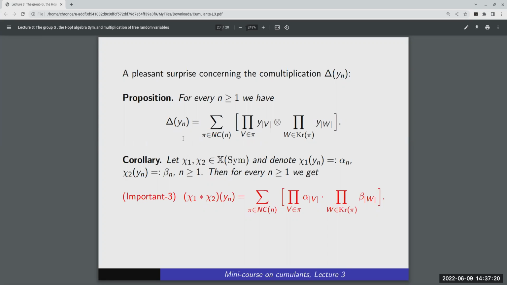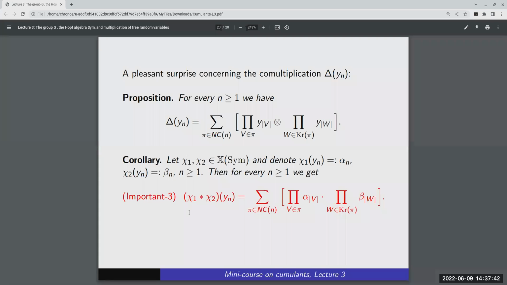As a corollary of that formula, if you want to convolve two characters, introduce some alphas and betas. You do the first character on the y_n's, call these alpha_n's, and the second character on the y_n's, call them beta_n's.